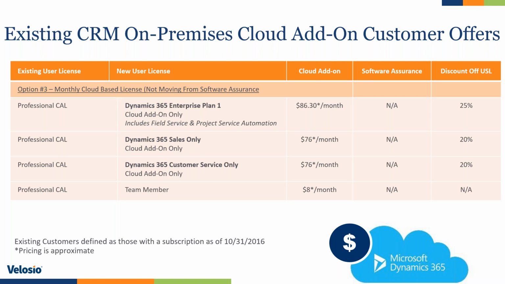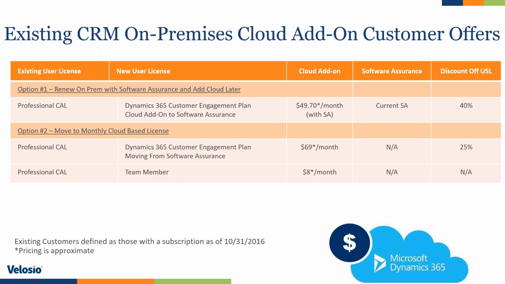Since that is new functionality that was not part of Dynamics CRM previously, you don't get a discounted rate for that. But Erica, if you wouldn't mind just going back to the last slide, you'll notice that on this last slide, you get the customer engagement plan license with both of these offers that Microsoft is offering right now. So you can essentially get the field service licensing or project service automation licensing for a very, very low price.